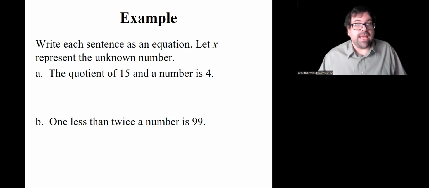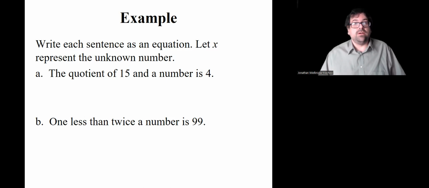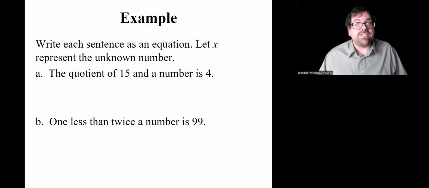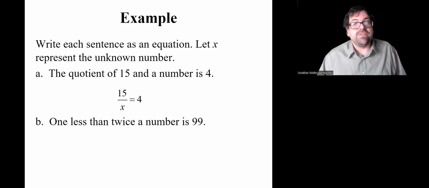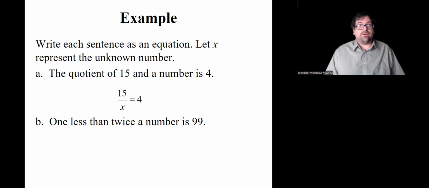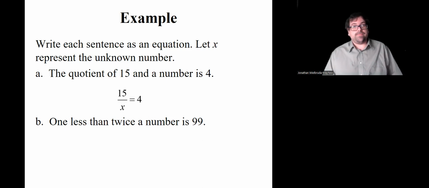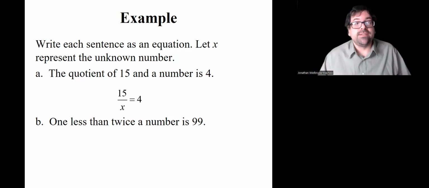The quotient of blank and blank tells us the order. 15 and a number. 15 divided by that number. 15 divided by x is 4, equals 4. Eventually, we're going to be able to solve this for x.